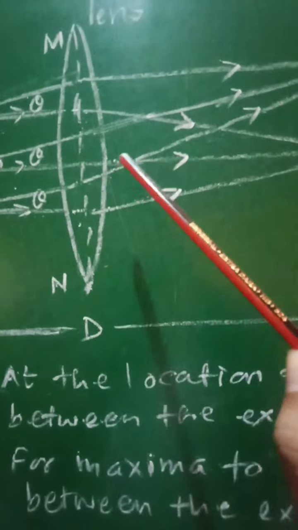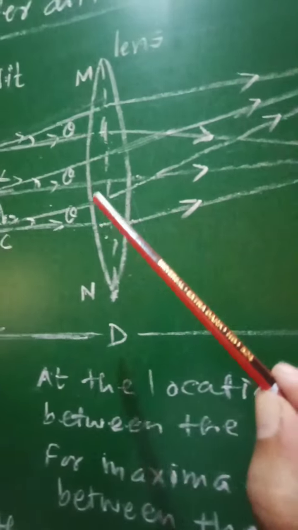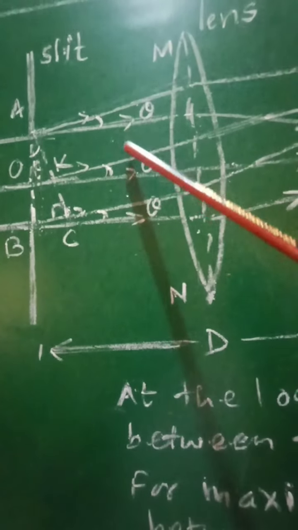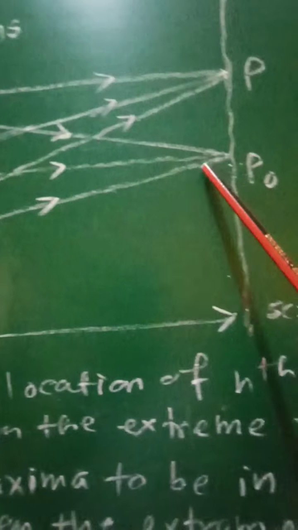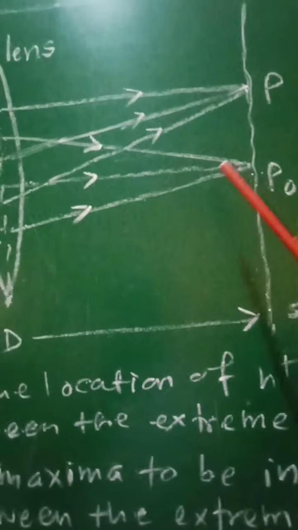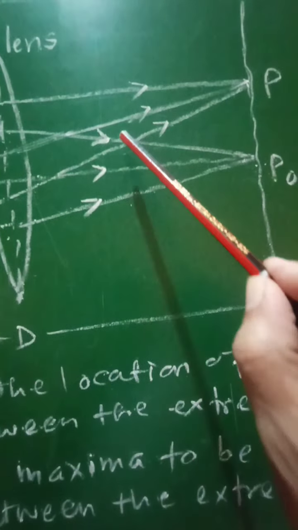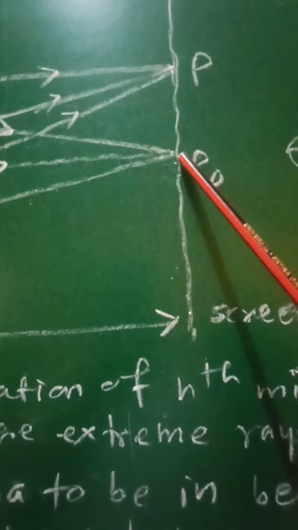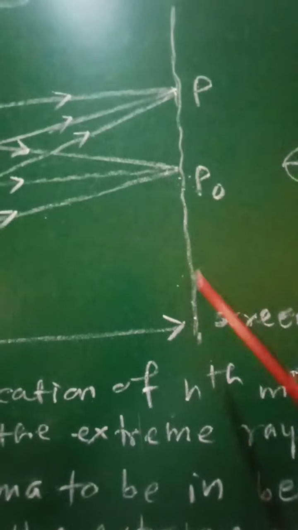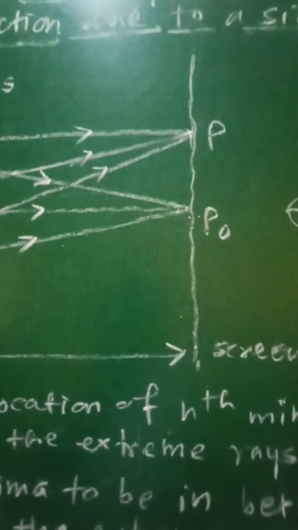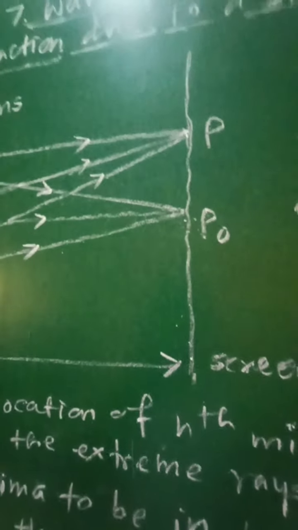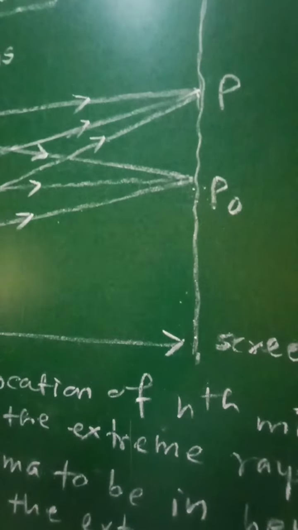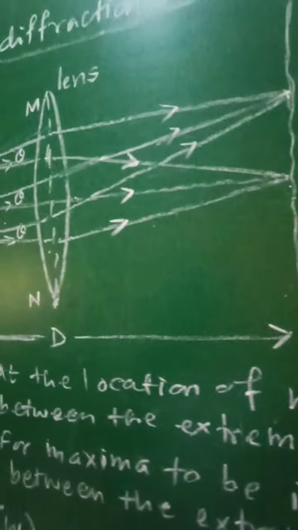And therefore, when such rays of light have no phase difference and meet at point P0, these extreme rays will interfere constructively at point P0, giving rise to the maximum intensity, and therefore P0 will be the central maxima of this diffraction pattern.